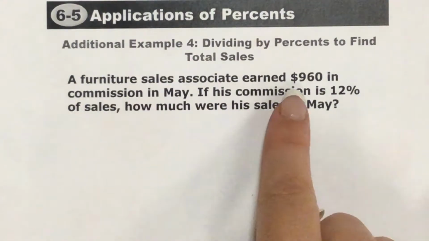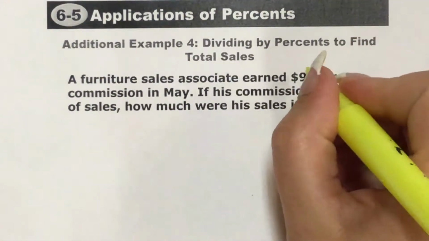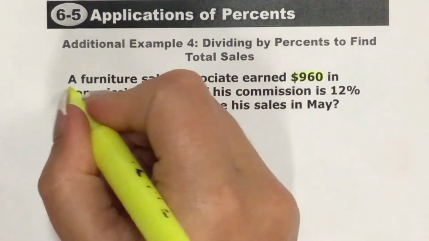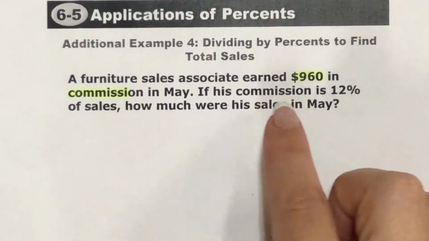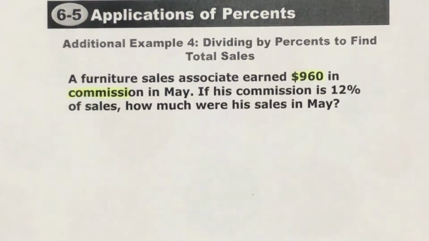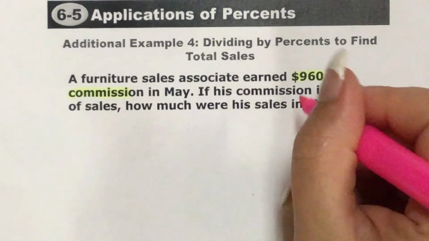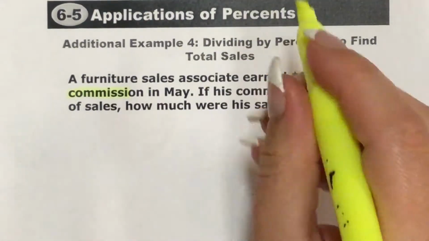A furniture sales associate earned $960 in commission. So they earned $960 in commission in May. Now this sentence right here, up until the comma, tells us our equation. It says if his commission, so that's the commission, which is $960.